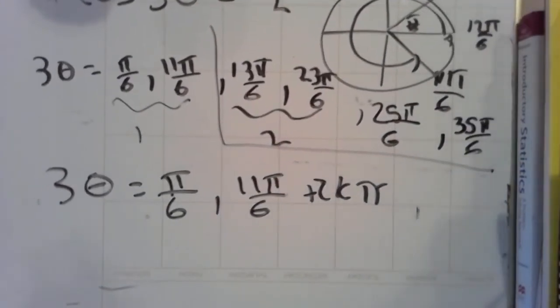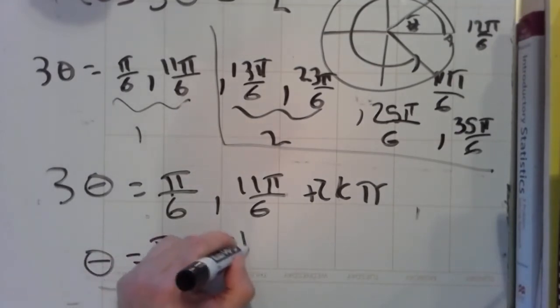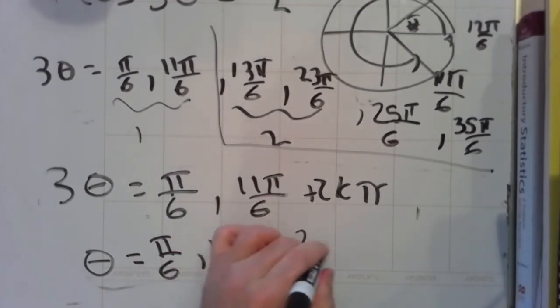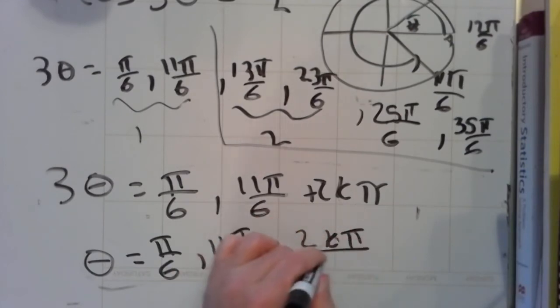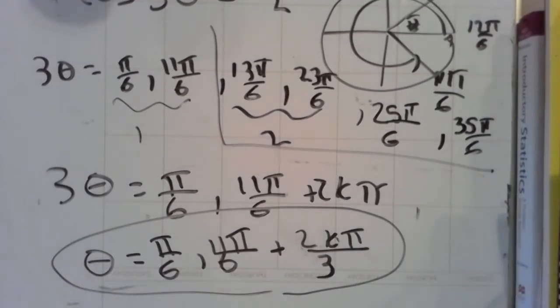Divide by 3 early. Divide everything by 3. Pi over 6, 11 pi over 6, plus 2k pi over 3. This is all the solutions. If the question says find every possible solution, that's it. This will generate all of them.